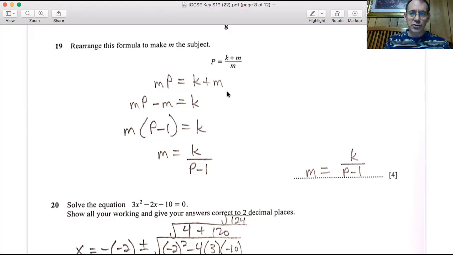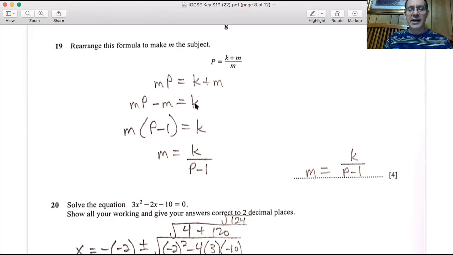Notice we have 2 terms with M in it. So in order to get M as the subject, we want all the terms that have an M in it to one side of the equation, and all the terms that do not have an M in it on the other side. So we're going to subtract this M over here. So now we have MP minus M. That's all the terms with an M on the left.